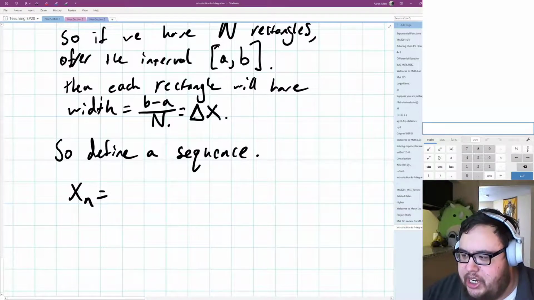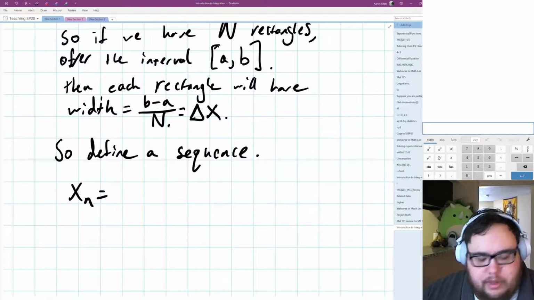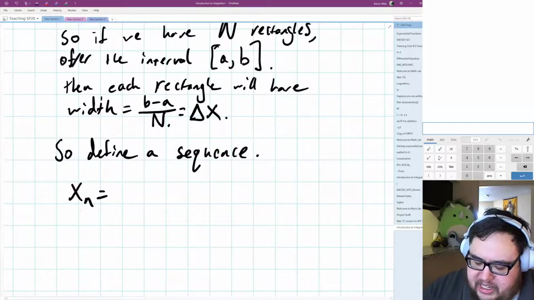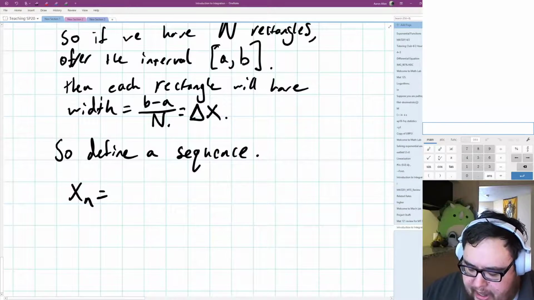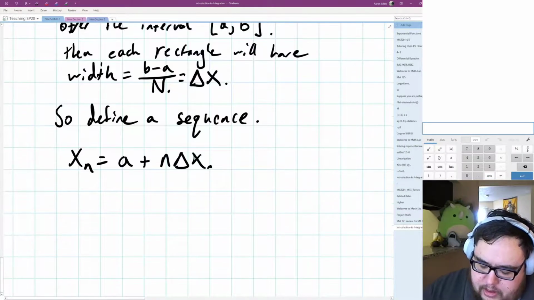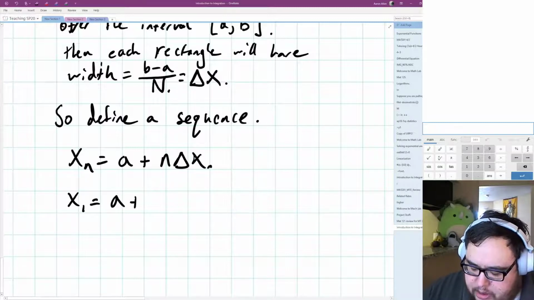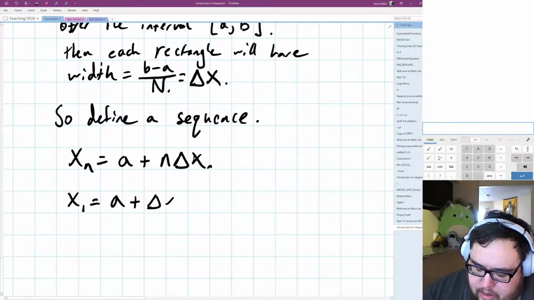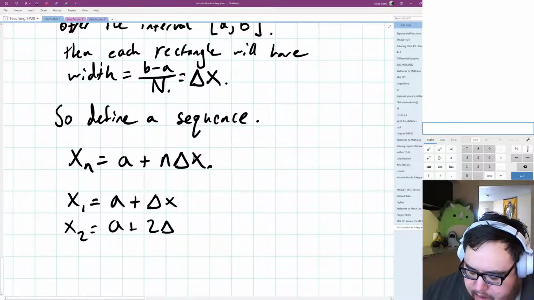It's the change in x from one side of the rectangle to the next side of the rectangle, right? So this x sub n is going to be a plus n times delta x. In other words, x sub 1 is going to be a plus delta x. x sub 2 is going to be a plus 2 delta x, right?